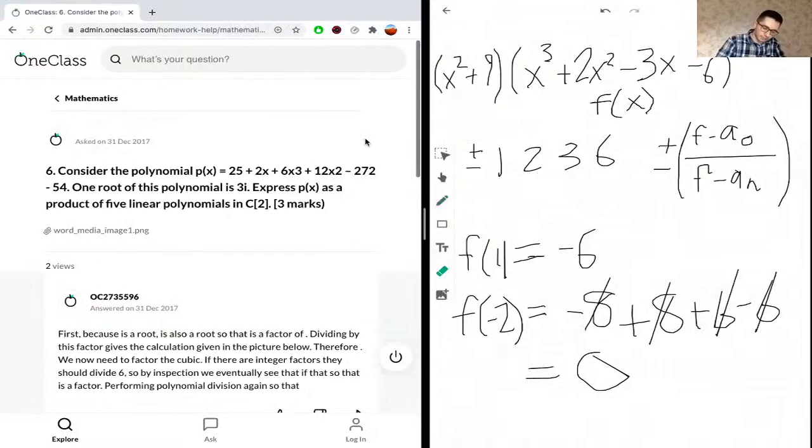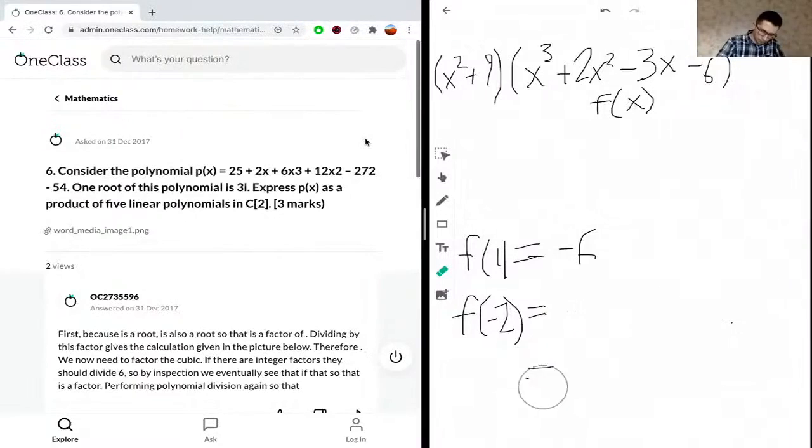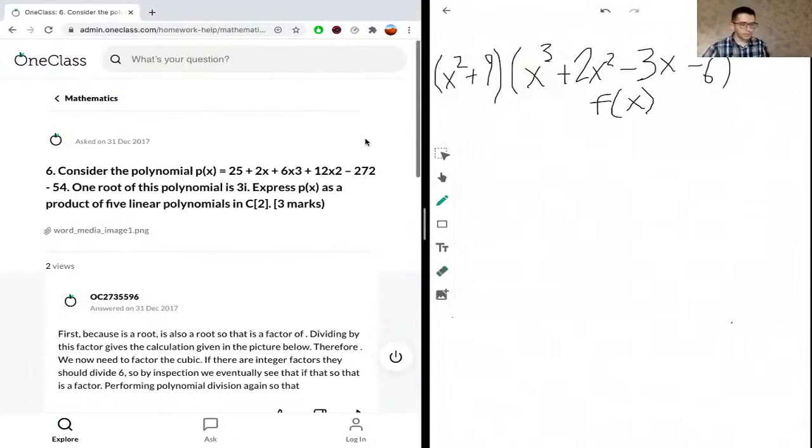We'll clear the board out a little bit. Okay, so x equals -2, therefore what we can factor out is x plus 2.